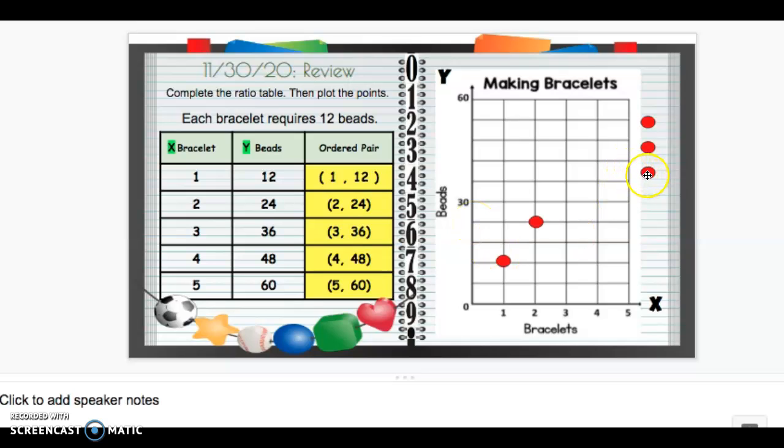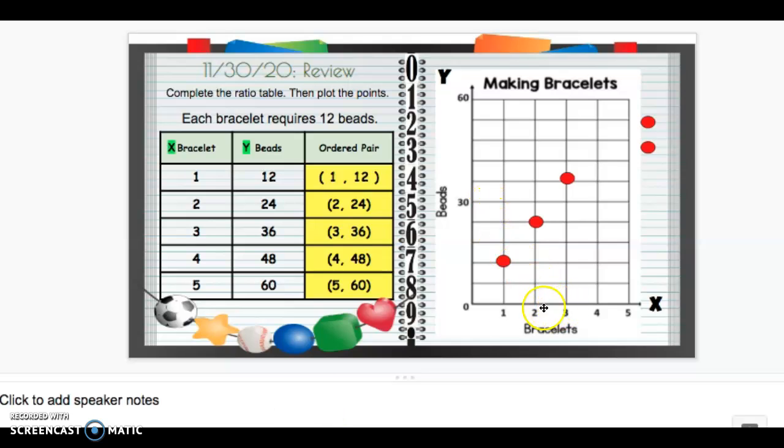Okay, so then I go to my next point, start at my point of origin, which is 0. Then I walk to 3, and then I have to fly to 36. So 6, 12, 18, 24, 30, 36. Put my point there.